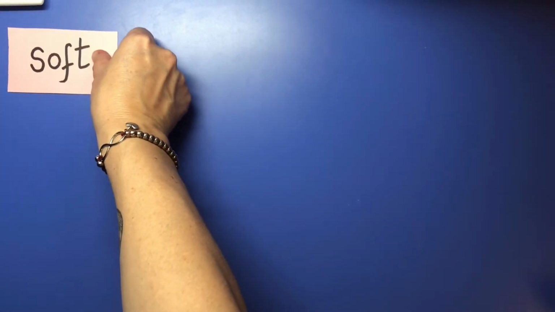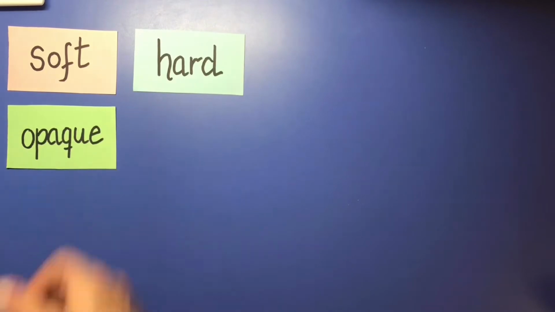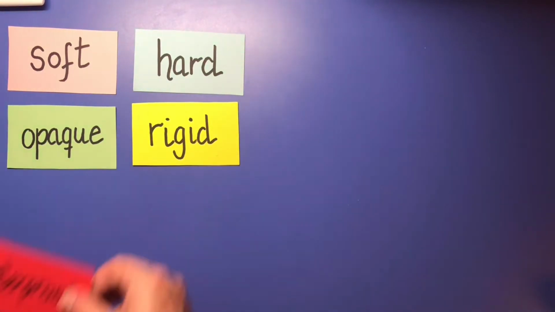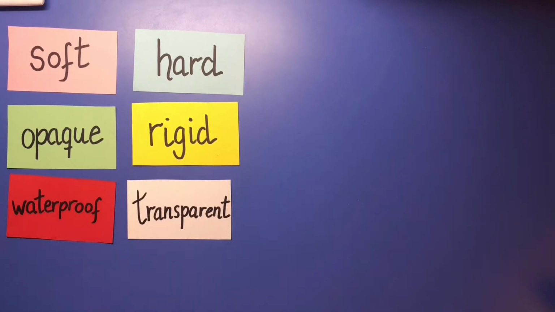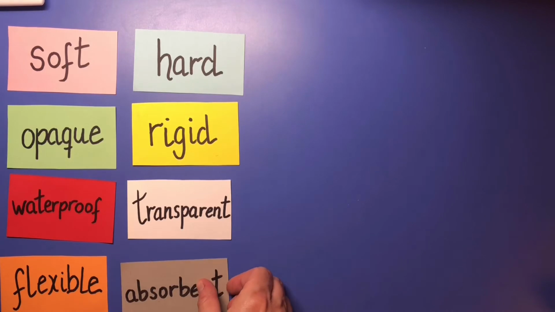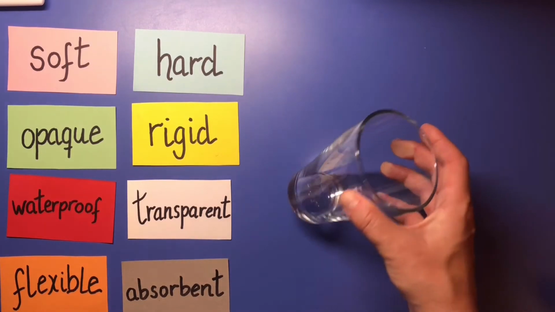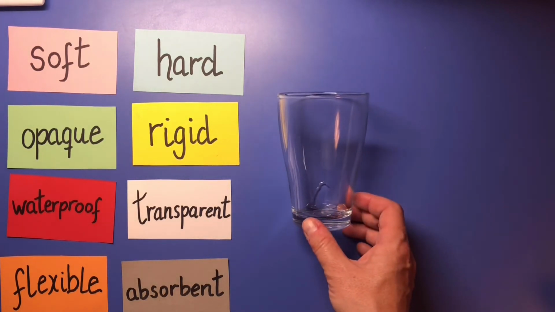Let's look at all the words. Soft, hard, opaque, rigid, waterproof, transparent, flexible, and absorbent. So now we're going to look at the glass. Do you remember? What did we say about this glass?